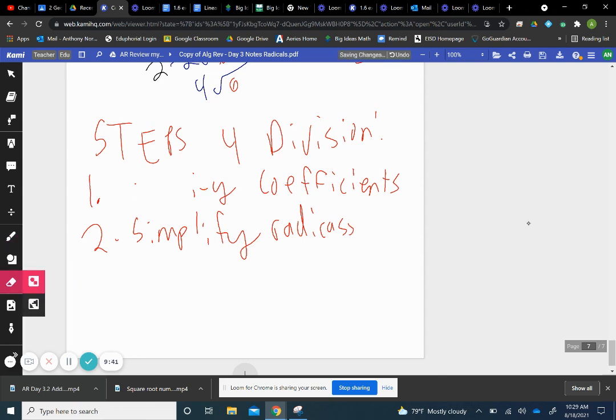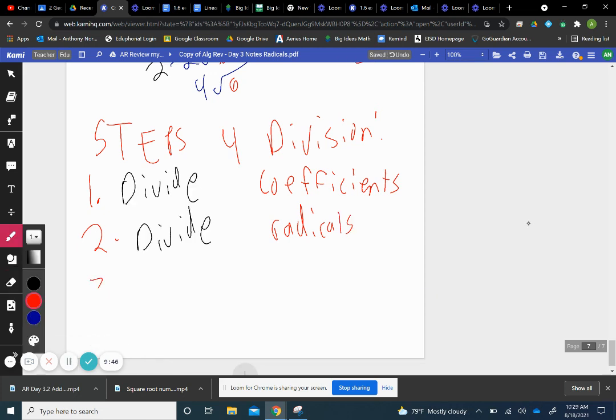Simplify is not the best word. We're going to divide. Divide coefficients, divide radicals, 3, multiply top and bottom by the radical on bottom.